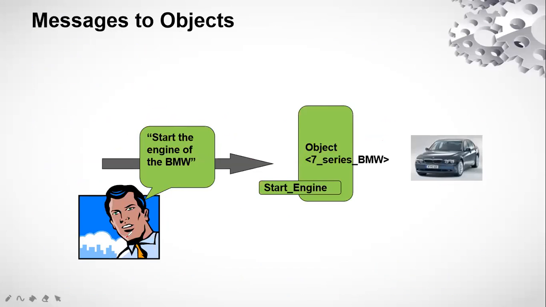Let's say this particular person is sending a message to start the engine of the BMW, right? So a function or a method will start. A function will be triggered. This event will be triggered as start engine.